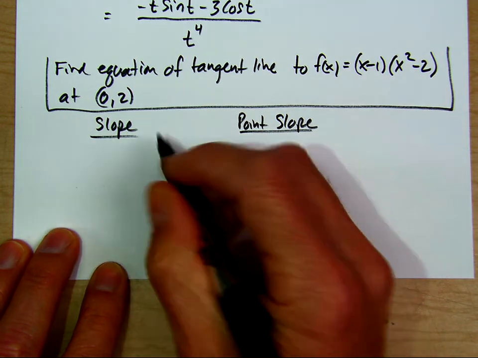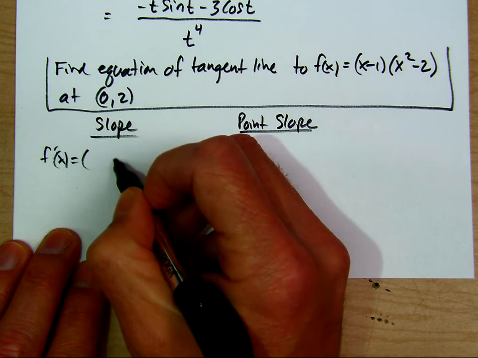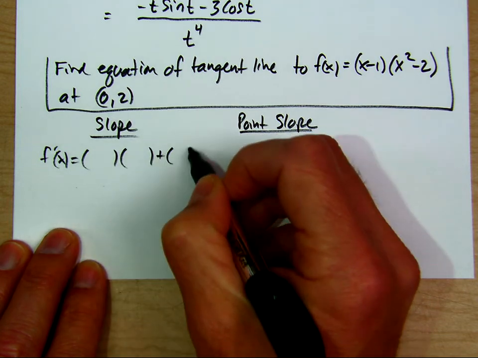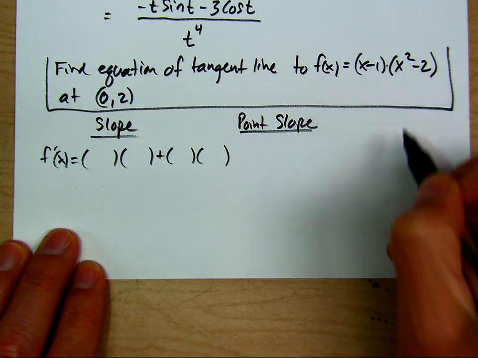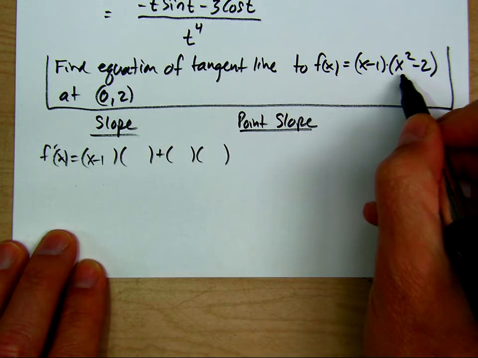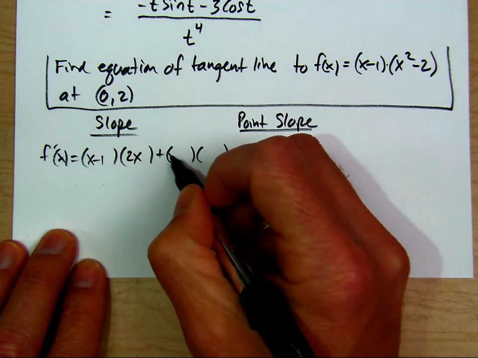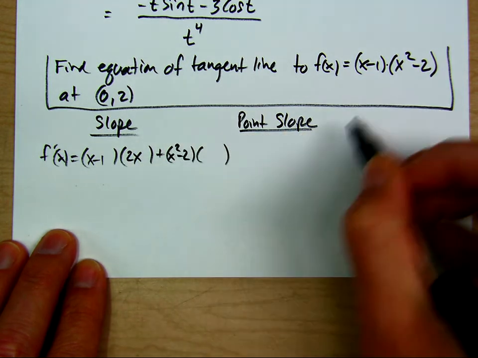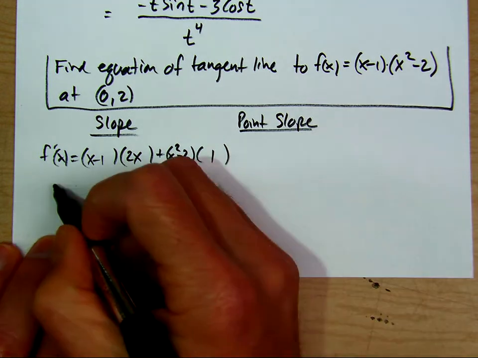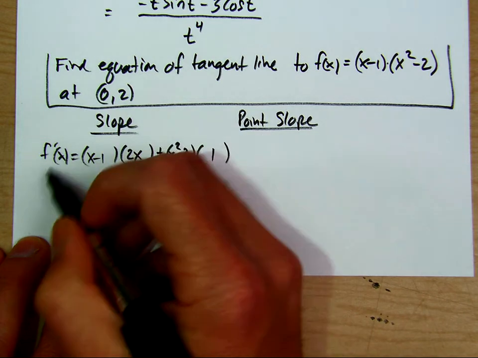The slope is the derivative. We have a product. So that's going to be the first factor times the derivative of the second factor, 2x. And then we'll have the second factor times the derivative of the first factor. We don't have to worry about simplifying because we're just going to evaluate it at 0.